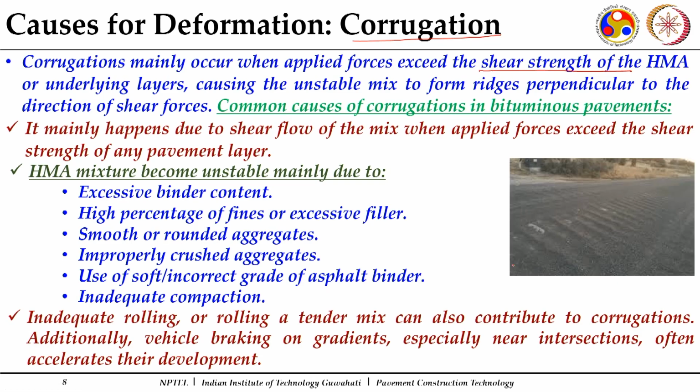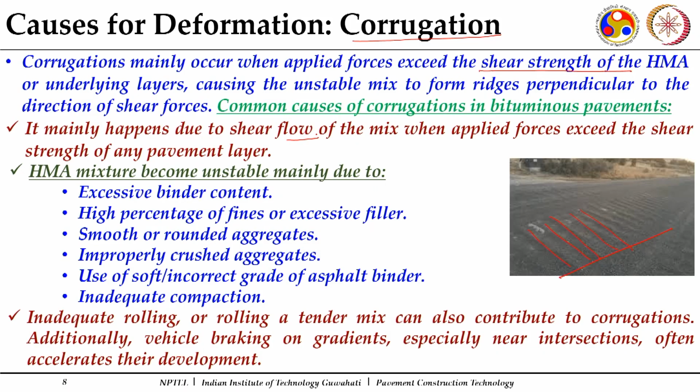You can have a wavy structure, where ridges are formed over the surface perpendicular to the direction of travel, or to the direction of the shear forces. The causes are very similar to the causes we experience in the case of rutting. It happens mainly due to shear flow of the mix when the applied forces exceed the shear strength of your material. Now, where can it happen?